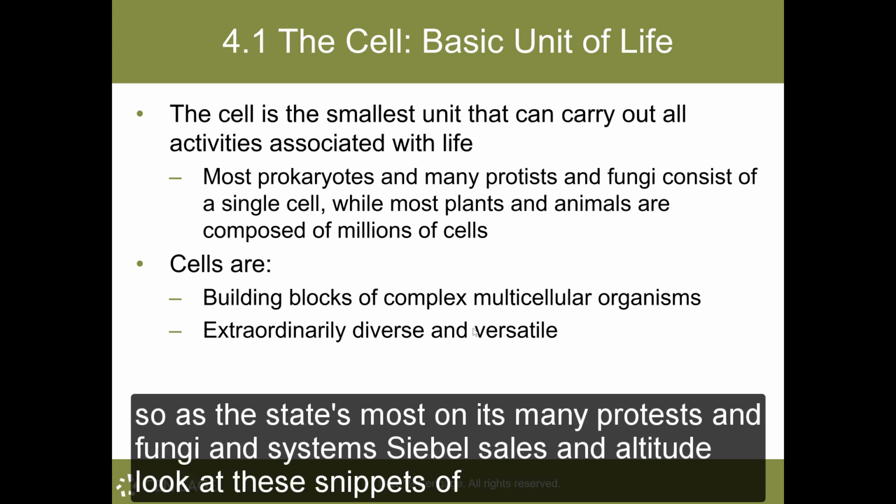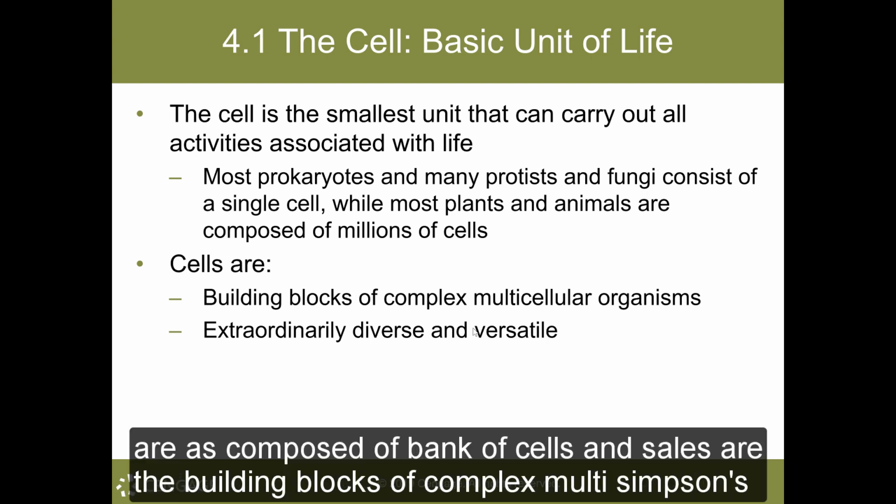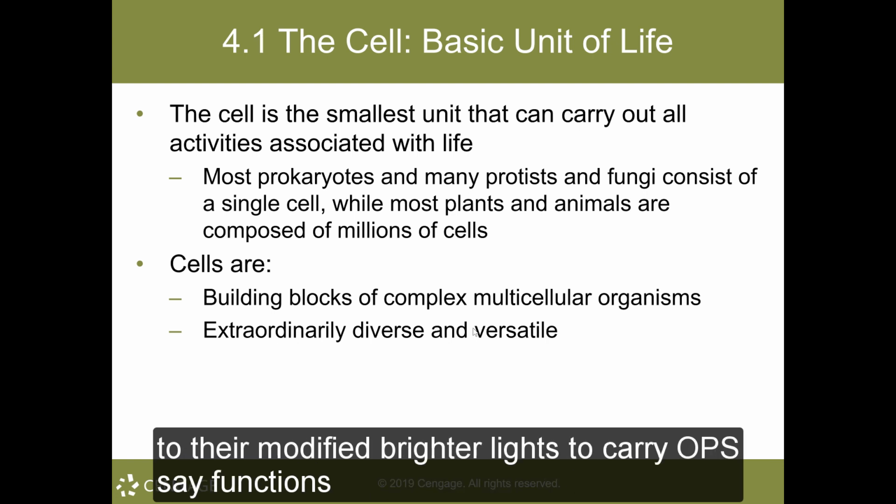As it states, most prokaryotes, many protists, and fungi consist of a single cell, and I particularly think of the yeasts in the case of the fungi. In contrast, most plants and animals are composed of millions of cells, and cells are the building blocks of complex multicellular systems. Although they are basically similar, cells are also extraordinarily diverse and versatile. They are modified in a variety of ways to carry out specific functions.